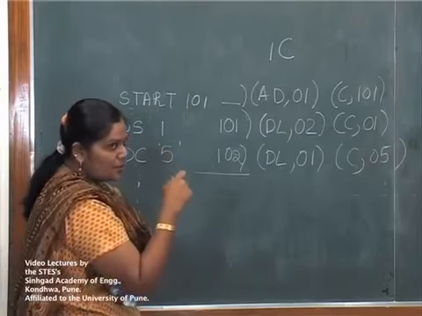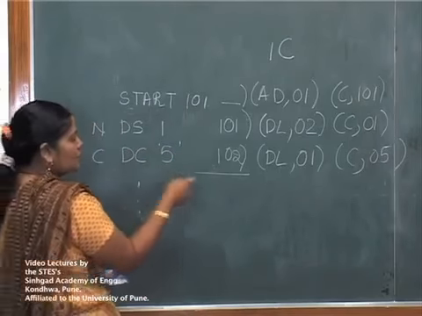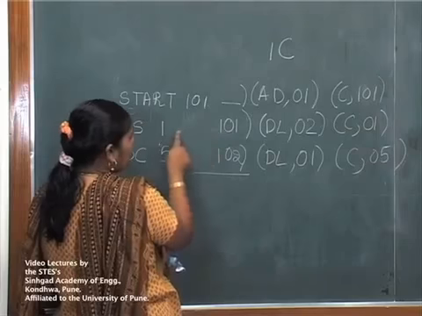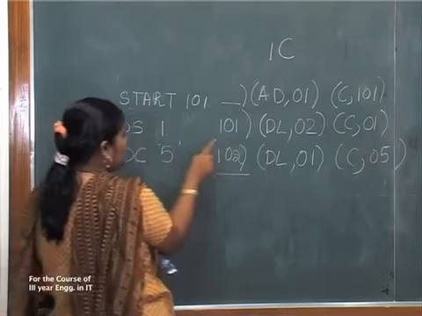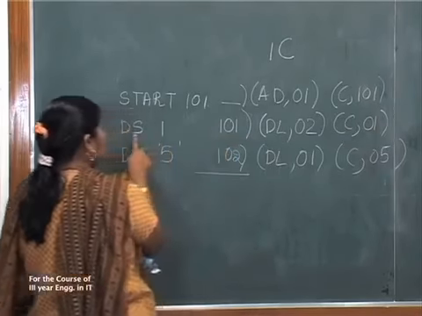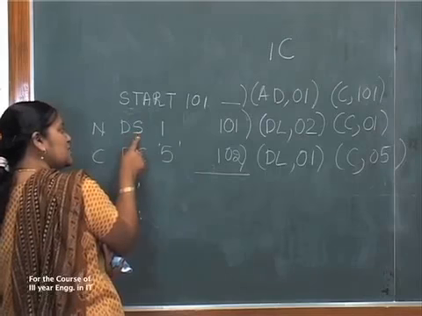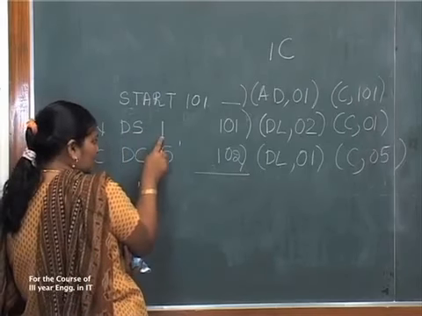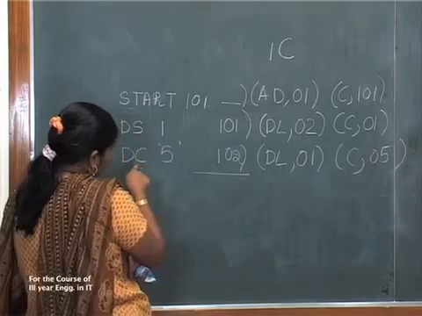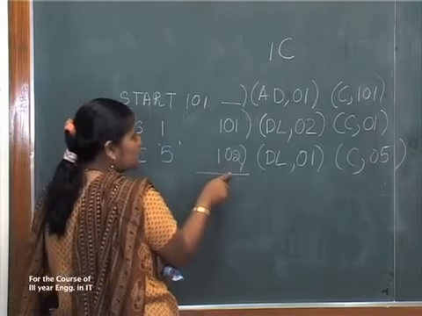That means the target program should occupy place from location 101. So obviously the statement DS would be at location 101. Now DS is basically a statement which says that it occupies one memory word. So the next statement would be at location 102.